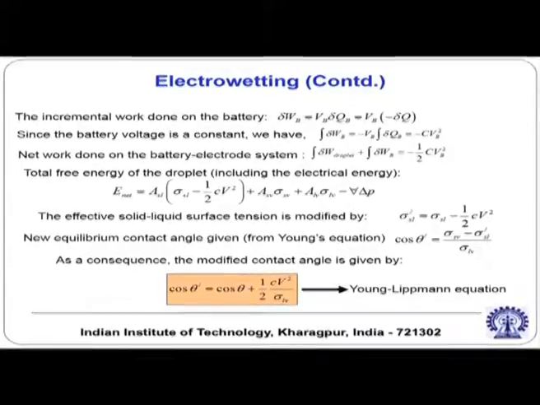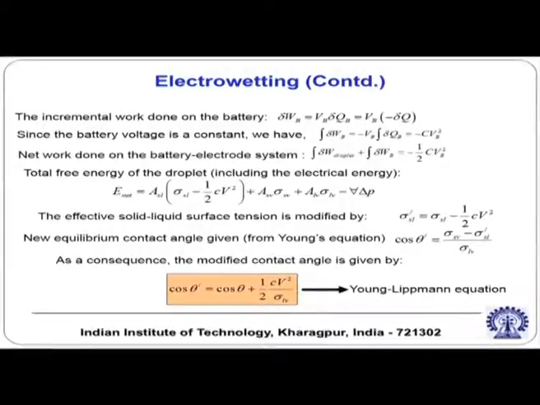Now there is work done on the battery. We have talked about the work done due to charging of the capacitor, but there is also work done on the battery. Work done on the battery is the voltage across the battery times delta Q for the battery. Now what is delta Q for the battery? A charge delta Q has flown from the battery to the capacitor.